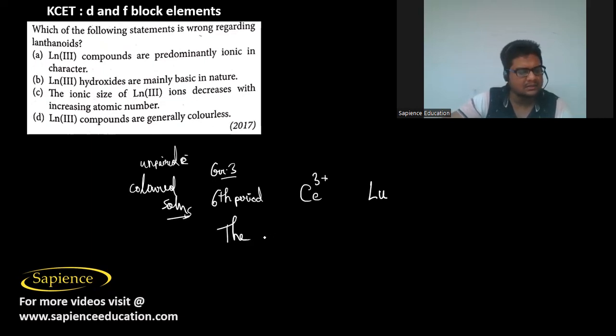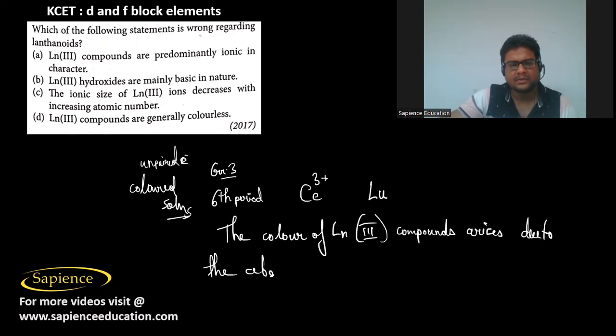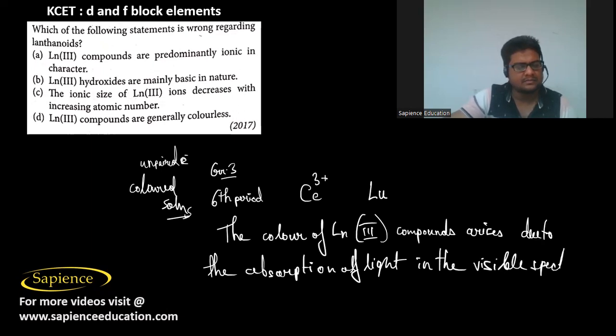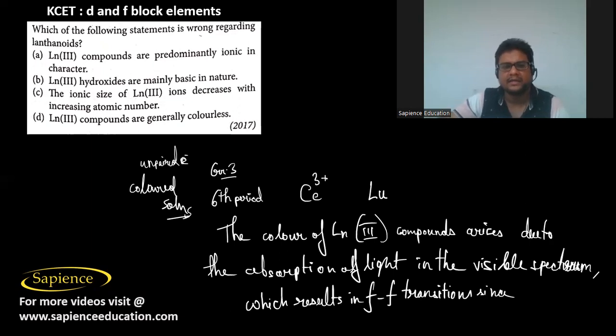So here the rule is that the color of the lanthanum compounds arises due to the absorption of light in the visible spectrum, which results in the f-f transitions, since they have partly filled f orbitals.